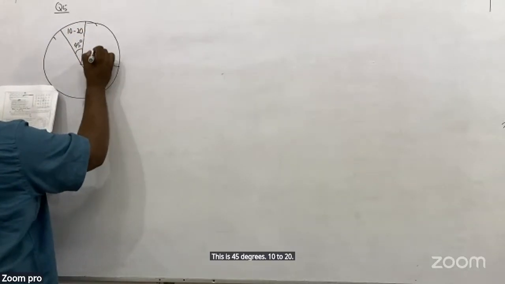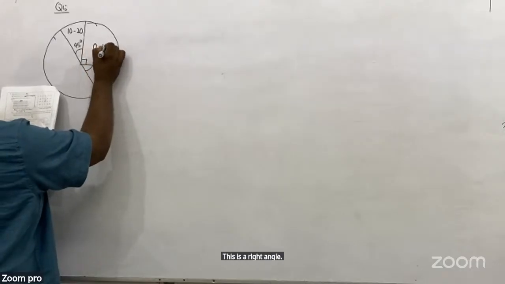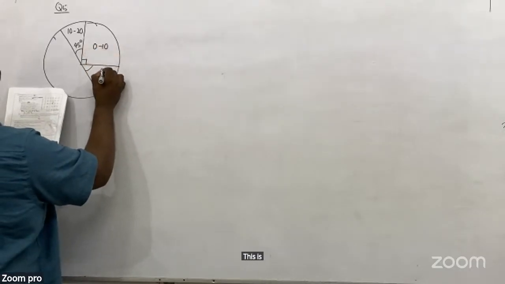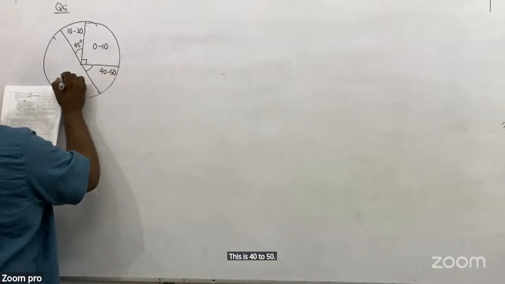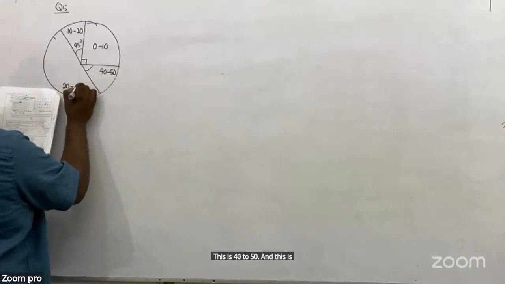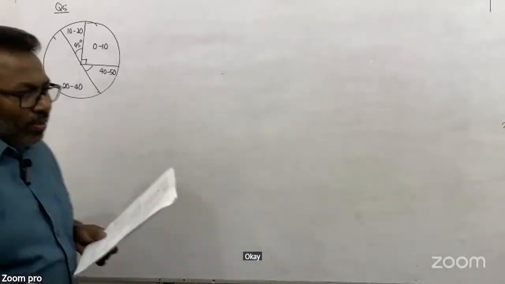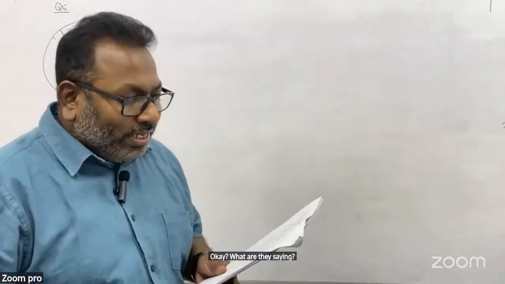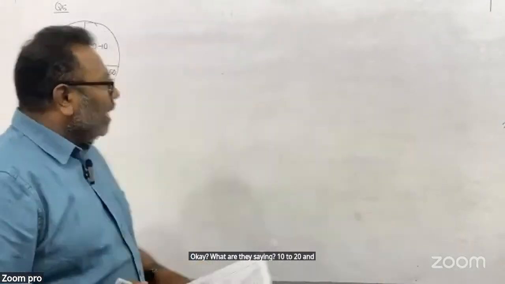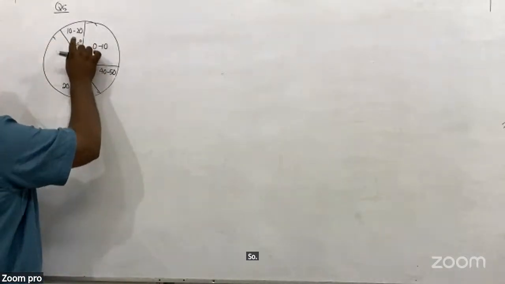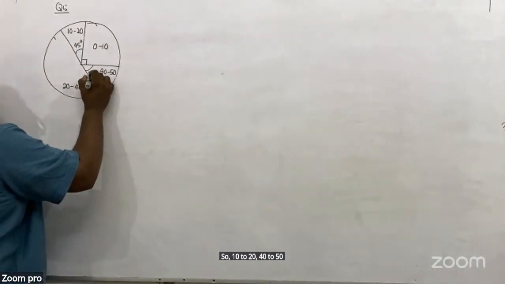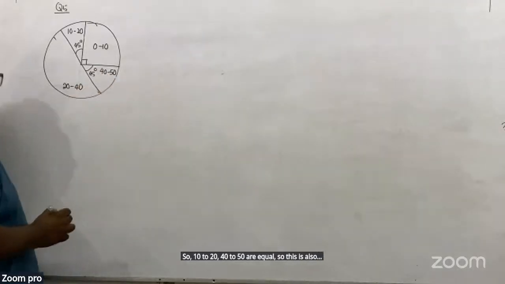This is a right angle, 0 to 10. This is 40 to 50. And this is 20 to 40. Okay. What are they saying? 10 to 20 and 40 to 50 are equal. So this is also 45 degrees.